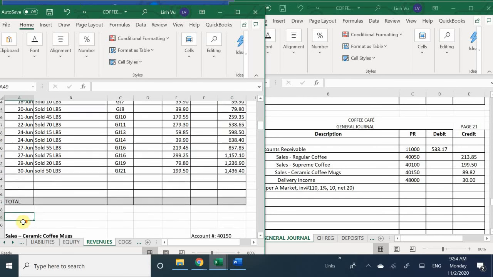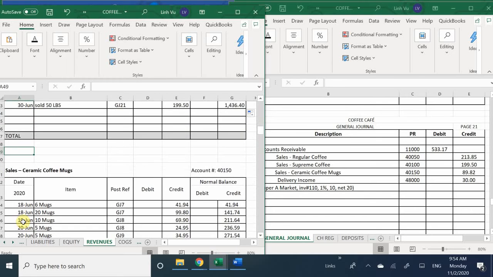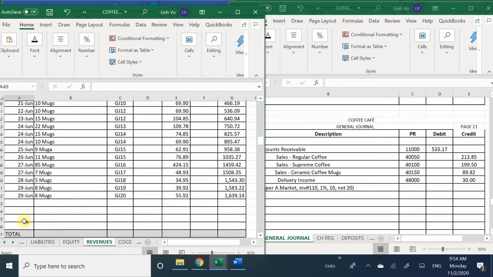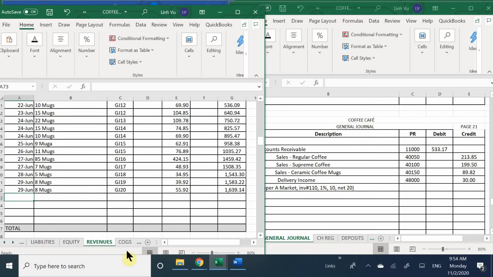Okay, and then the next one is sales coffee mugs, and the date is 6/30. We sold 18. General Journal 21.